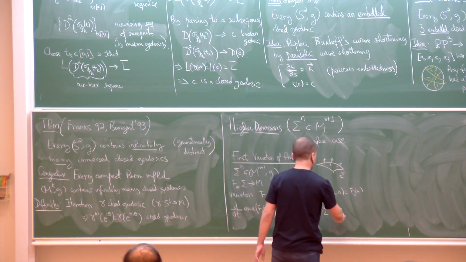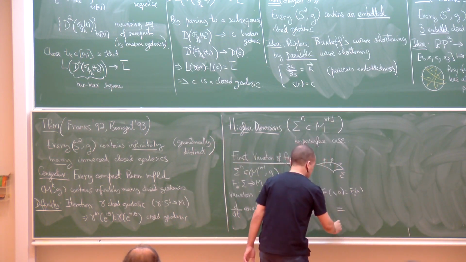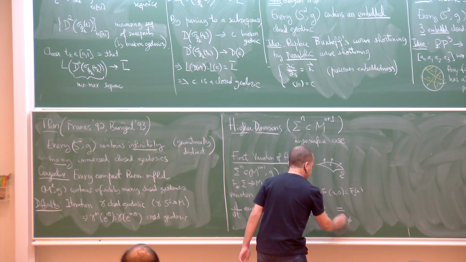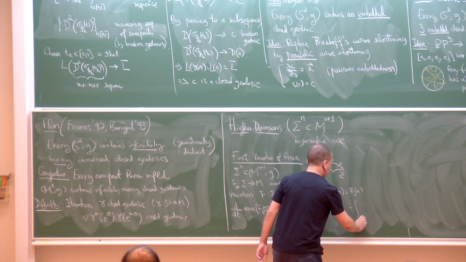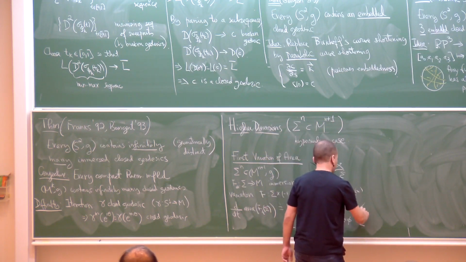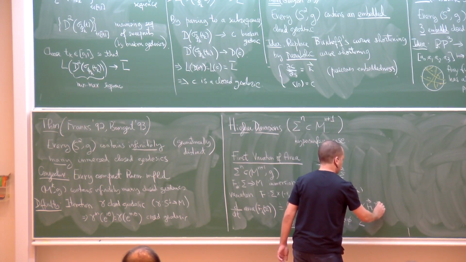But if sigma is closed, which is the case I'm interested in, if the boundary of sigma is empty, then I can rewrite this as minus the integral over sigma of the scalar product between the mean curvature vector and the velocity.